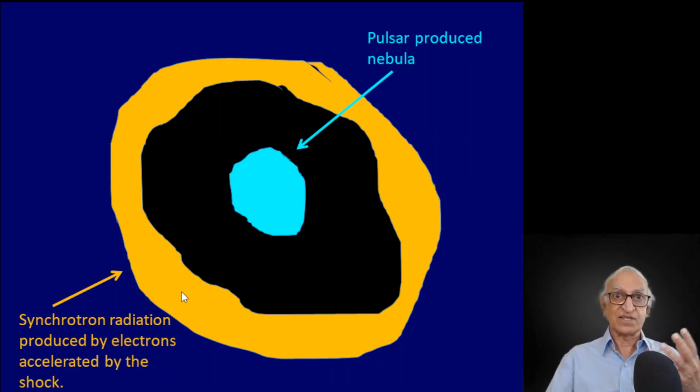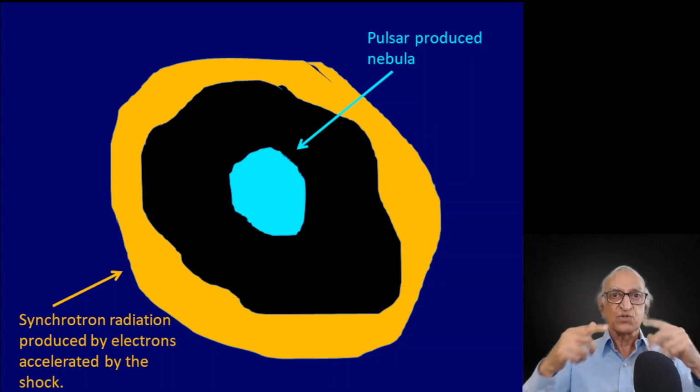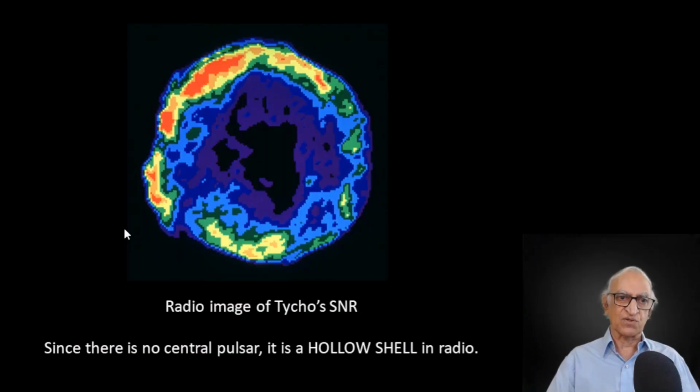Whether or not there is a pulsar in the center, this synchrotron radiation arises from relativistic electrons which have been accelerated in situ near the periphery of the supernova remnant due to the Fermi acceleration mechanism, and they are gyrating in the magnetic field, which was compressed and amplified right in situ near the outer boundary of the supernova remnant.